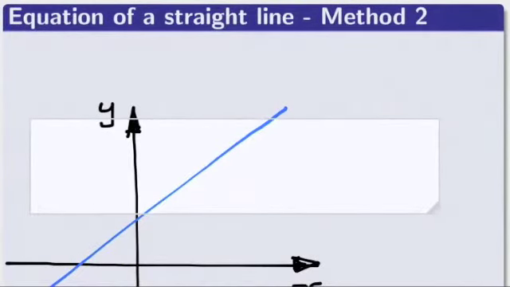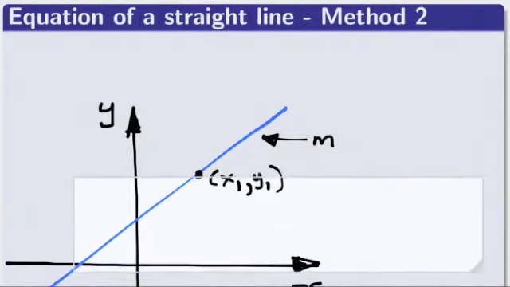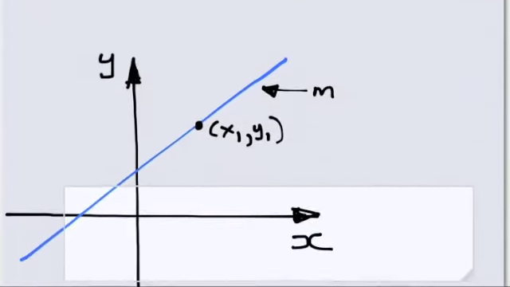Method 2, suppose that we are given the gradient of the straight line and we are given a point on the straight line. So we know x1, y1. So m is known, x1 and y1 are known. How do we find the equation of this straight line?